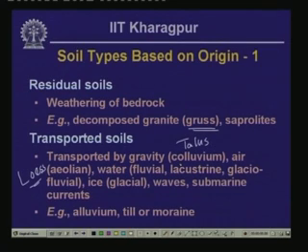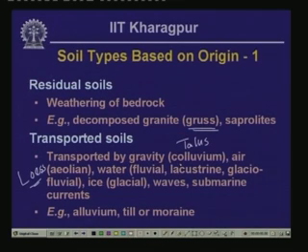Then you could have water deposited soils, and they include fluvial if they are worked by flowing river water, or they could be lacustrine, which are lake bed deposits, or glaciofluvial. Basically they are meltwaters that form in different parts of glaciers, or transported soils could be directly deposited from ice. They are called glacial deposits.